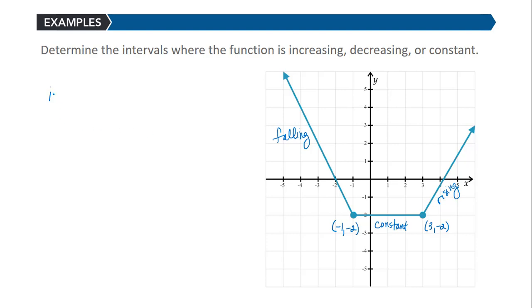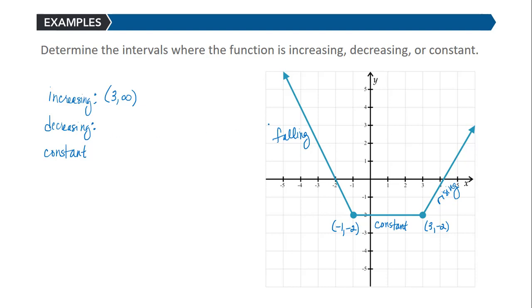So where is this graph increasing, decreasing, and constant? It is increasing from this point (3, -2) and on to the right. So we write that as the interval 3 to infinity. Remember, we're only looking for the x values within that interval.